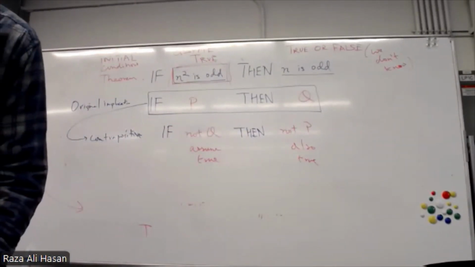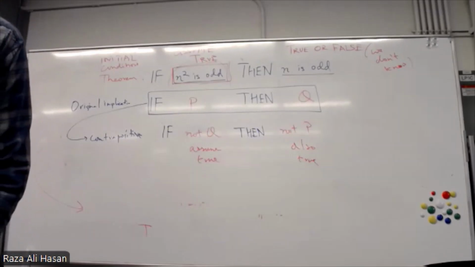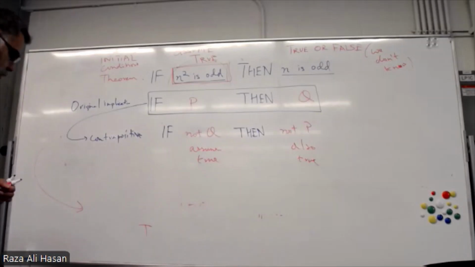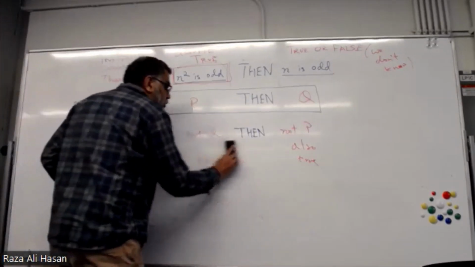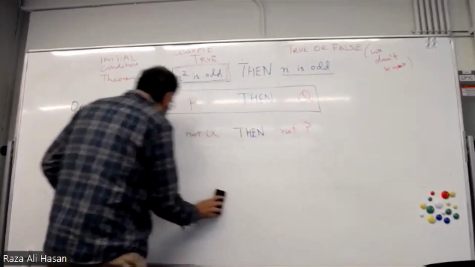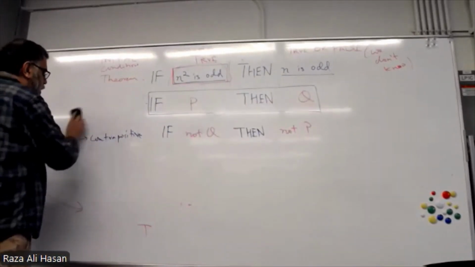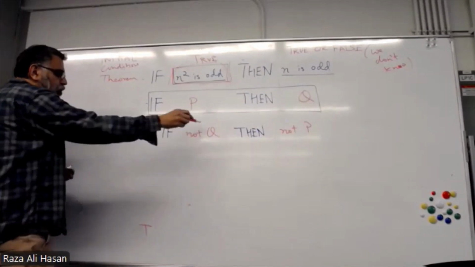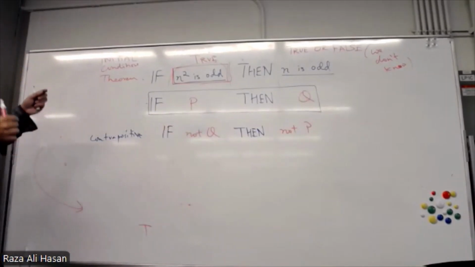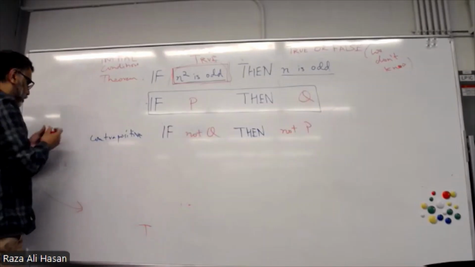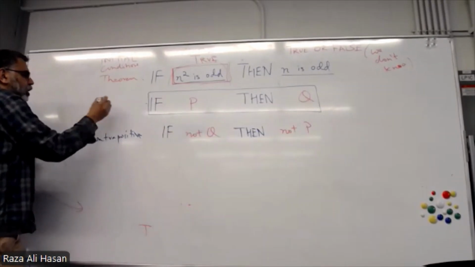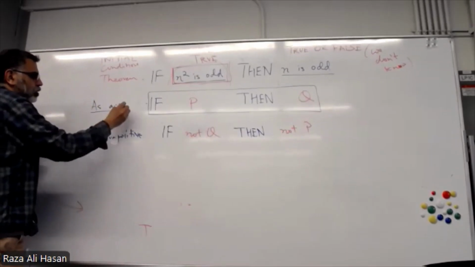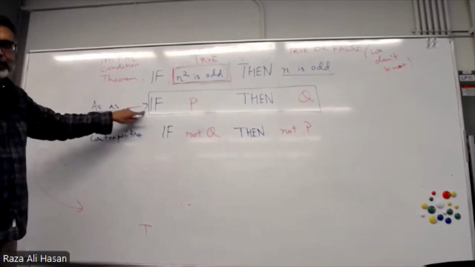Okay. And then the third method is the proof by contradiction. If this is contrapositive, what we're doing here is we use the theorem as is. We'll prove this theorem as is. We take this and prove this.